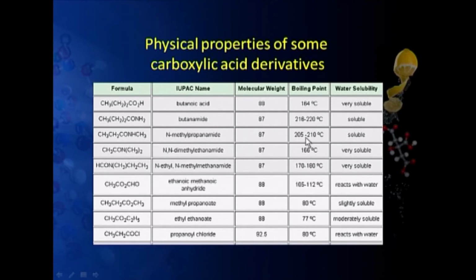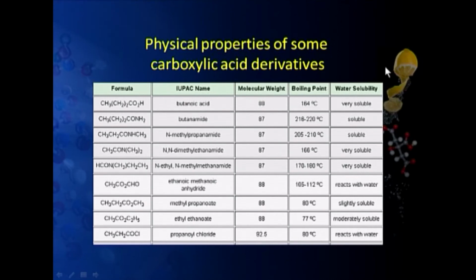Then the isomer in which one of the methyls is attached to nitrogen, N-methyl propanamide, the boiling point is reduced. When it is N,N-dimethyl propanamide, the boiling point is reduced further to 166 degrees Celsius, because now there are no chances of intermolecular hydrogen bonding here. Similarly, when we have the corresponding esters or acid chlorides, they have lower boiling points because they cannot form any intermolecular hydrogen bonding.